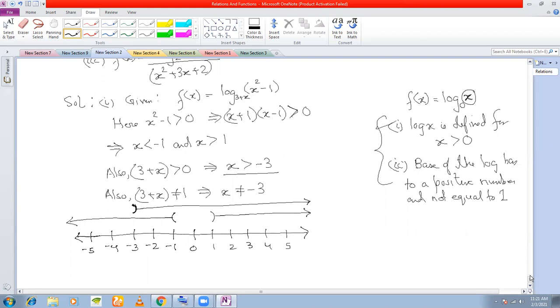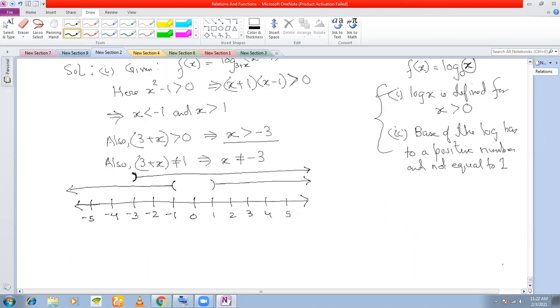Minus 1 to 1 does not actually include anything. There's nothing here. So what you see here is what are the acceptable values.